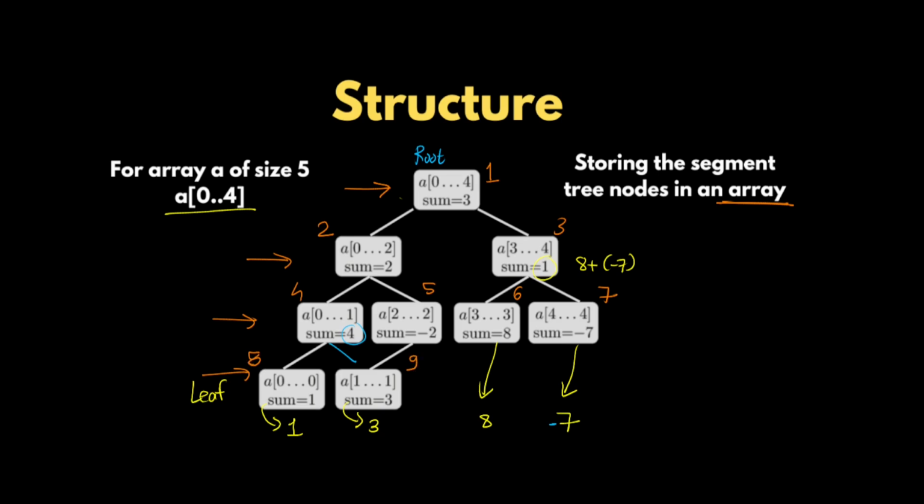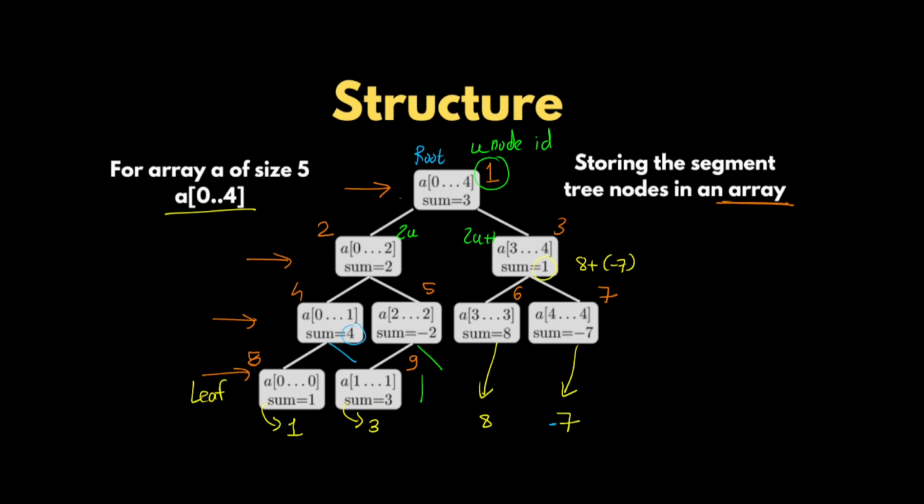And one important property to notice here is that, let's say this is the node number of the segment tree, the node ID. So let's say this was u, then you can notice that this was 2u and this was 2u plus 1, and this is satisfied for all the nodes.